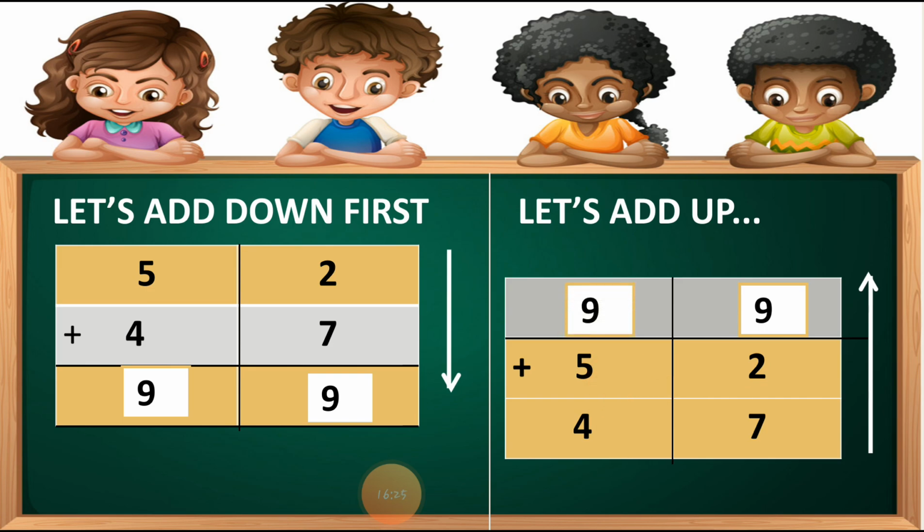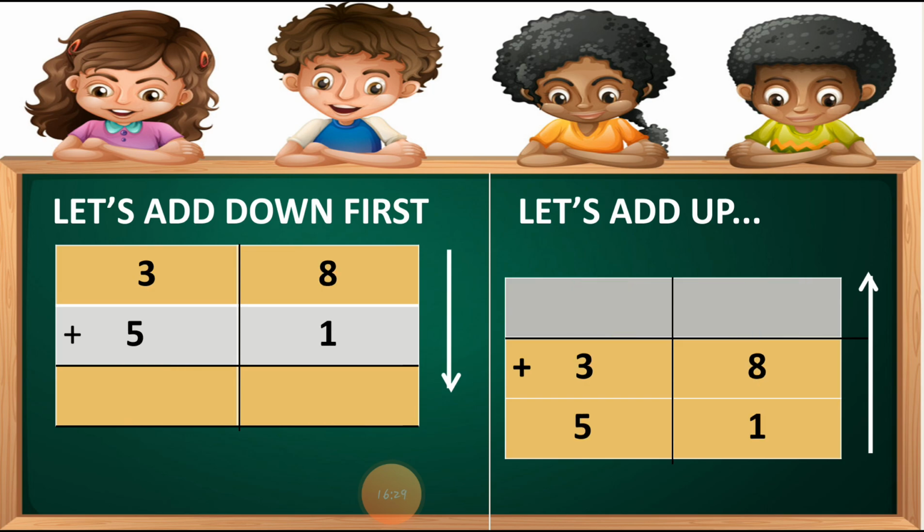So here our sum is 99 and there is no difference. The next one, here is 38 and 51. Let's add down first. So 8 plus 1 is equal to 9. Then the tens column, which is 3 plus 5 is equal to 8. So here our answer is 89.